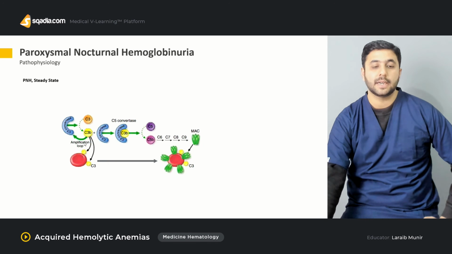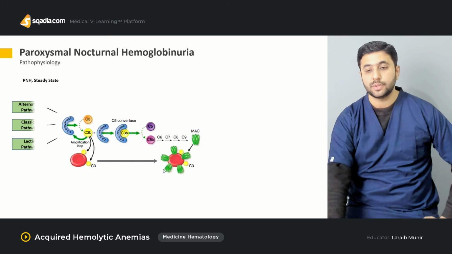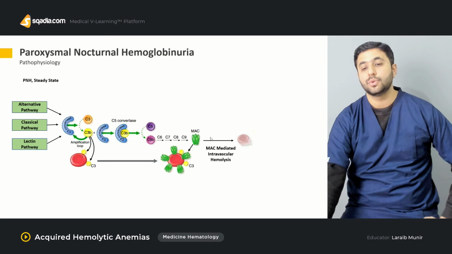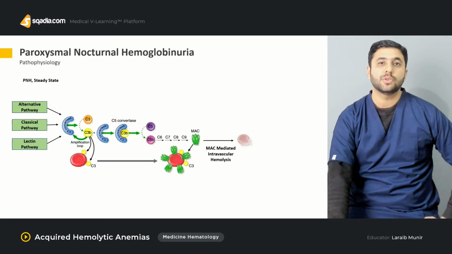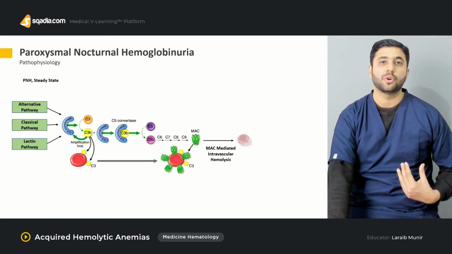So the RBCs are basically bare, and these are exposed to the complement environment. And so the complement cascade, specifically C3b and the membrane attack complex, target the RBCs, leading to their destruction. This leads to MAC-mediated intravascular hemolysis. The RBCs are being broken down inside the blood vessels, leading to hemoglobinemia or hemoglobinuria.